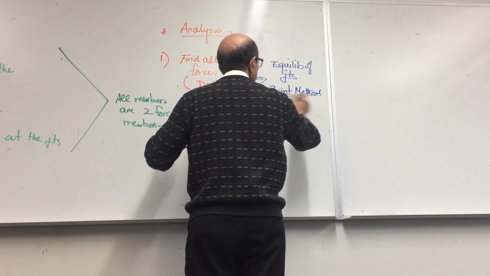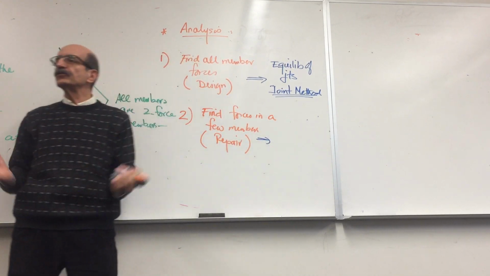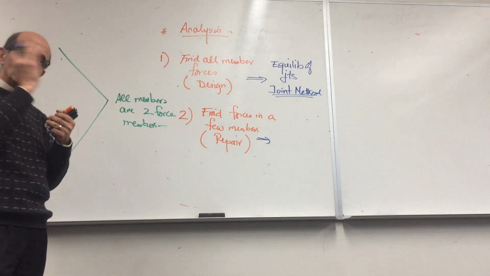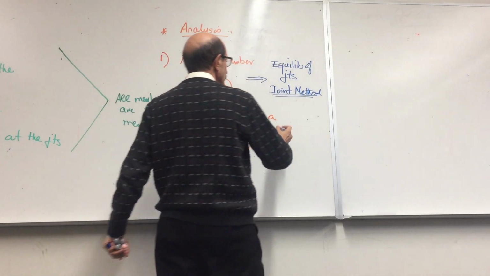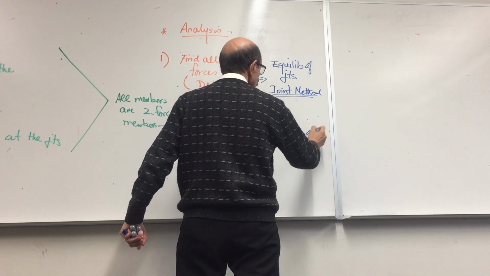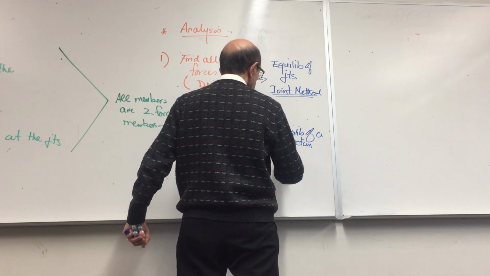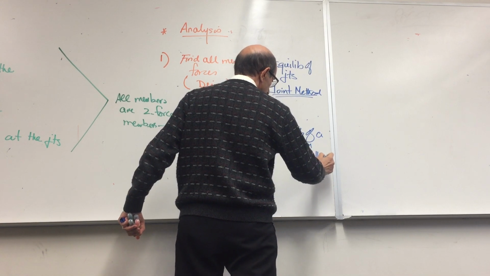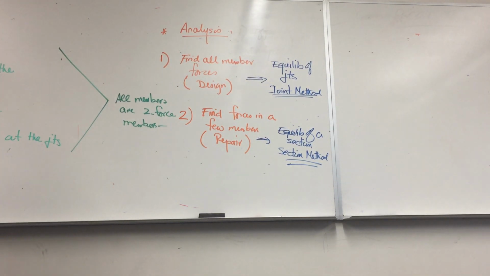In the other case, you use equilibrium of a piece of a truss, where the member or the few members whose forces you want to find are part of that section. So we call this method equilibrium of a section, or the section method. Okay, so we demonstrate both applications.